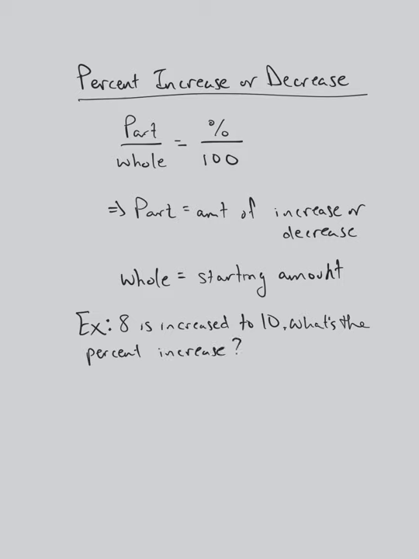And so, first of all, in terms of basic notions up here, we're asking for the percent. So the percent's going to be our variable here. So we would have x out of 100. Now the key thing is we have this idea of the part over the whole, but the key thing to remember is the part is the amount of, in this case, increase, since I increased something, and then the whole is the starting amount.